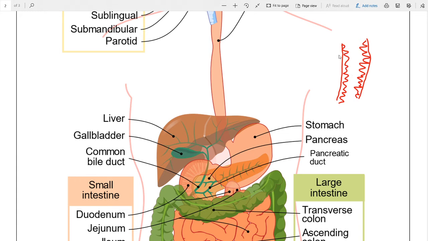These finger-like projections are present in the small intestine on both sides to increase the surface area for absorption. As you can see, each of the cells are present in these linings to increase the surface area.